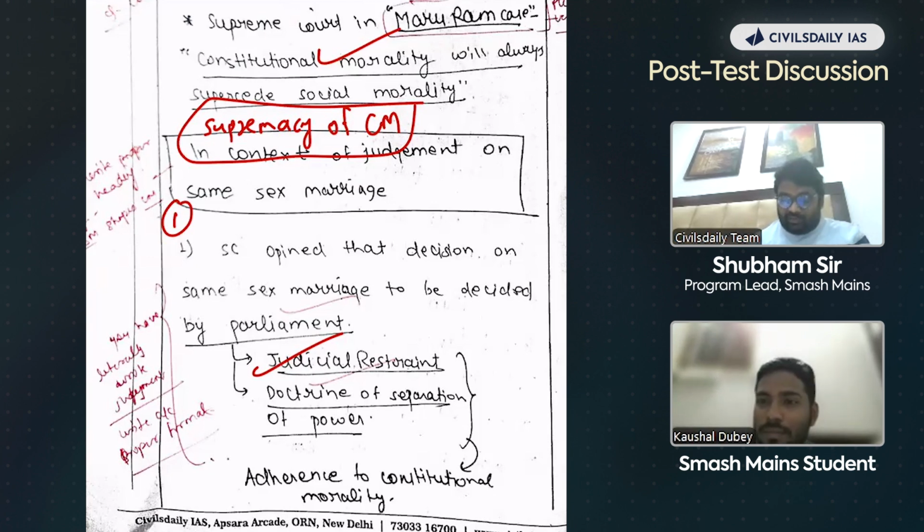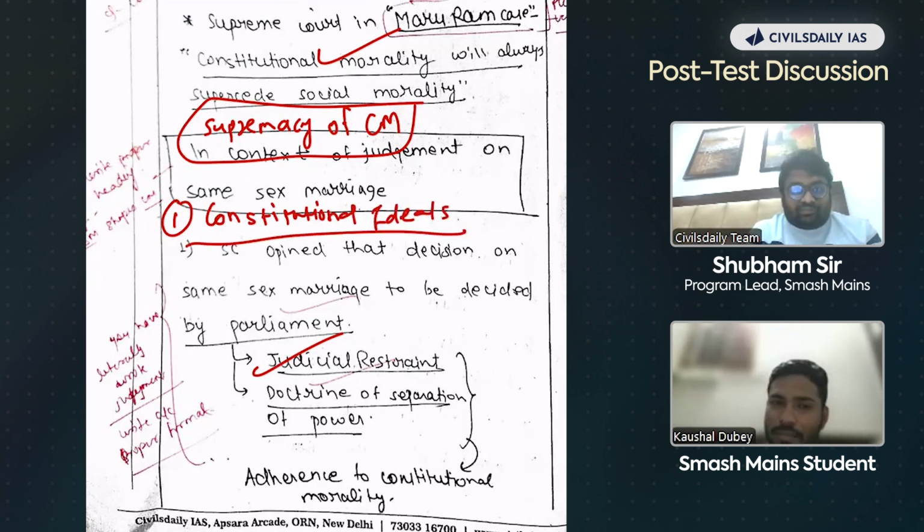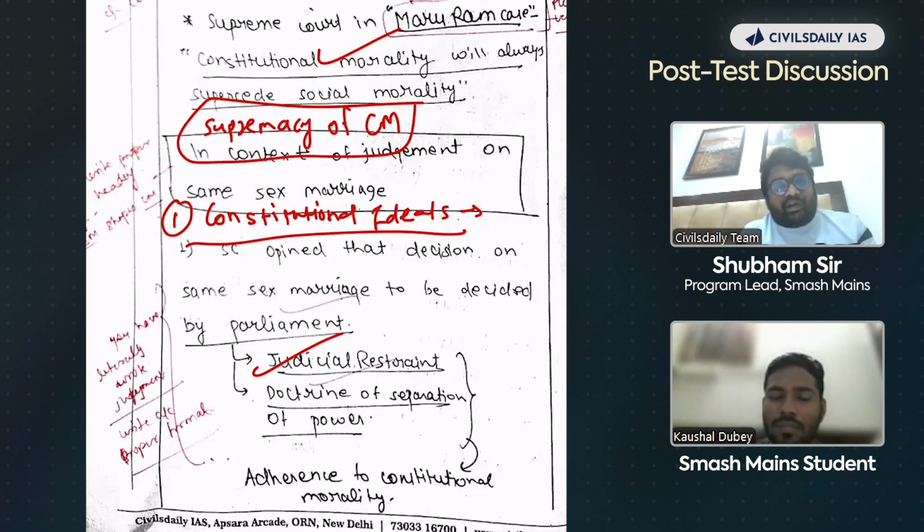Yes, I am. So first, the constitutional ideals. Okay. So in elaboration, you can mention the right to choose under Article 21, in the context of same-sex marriage.